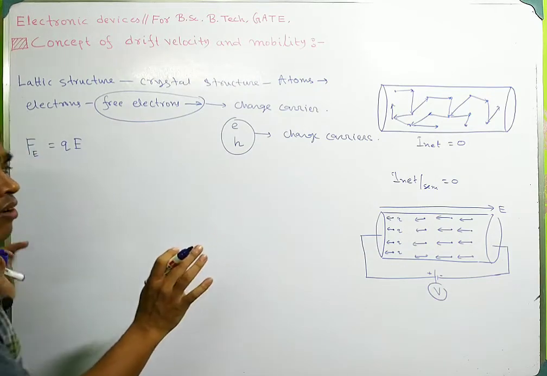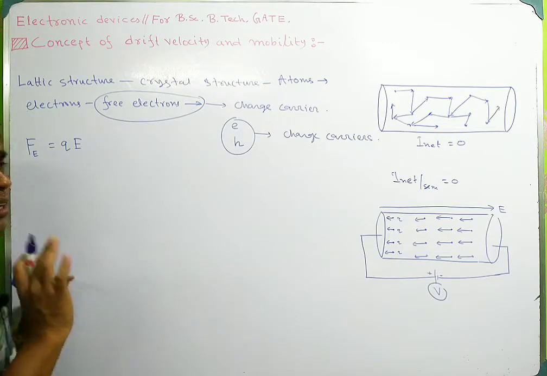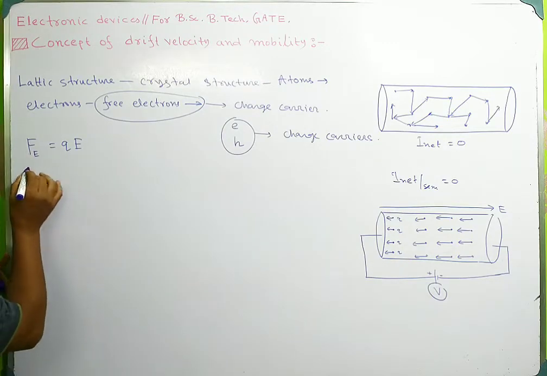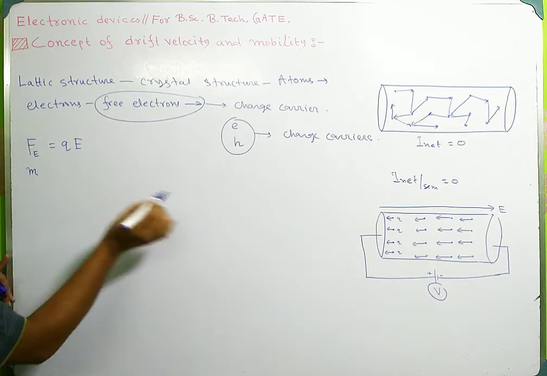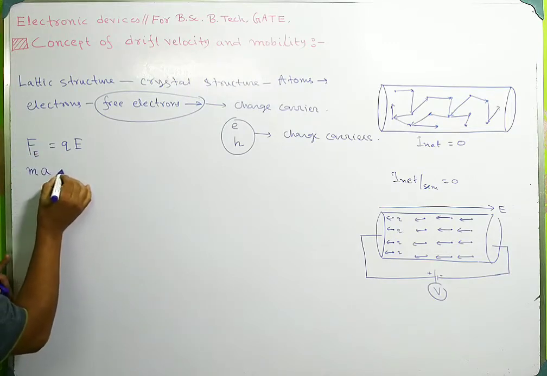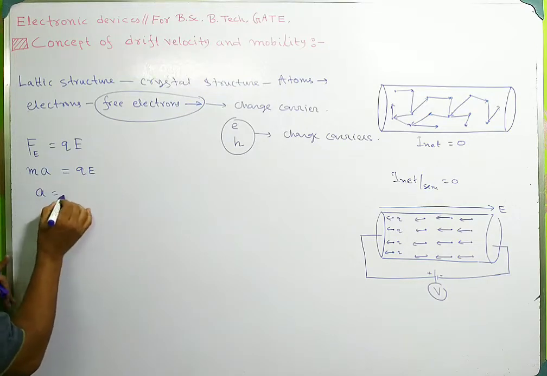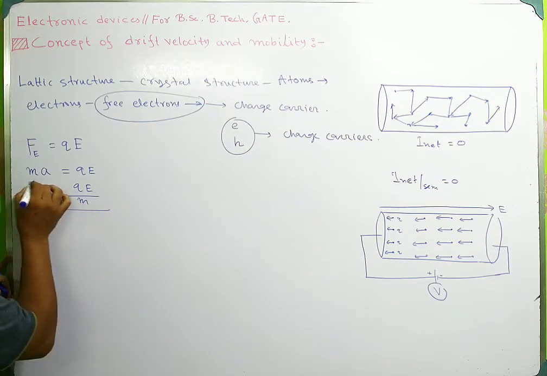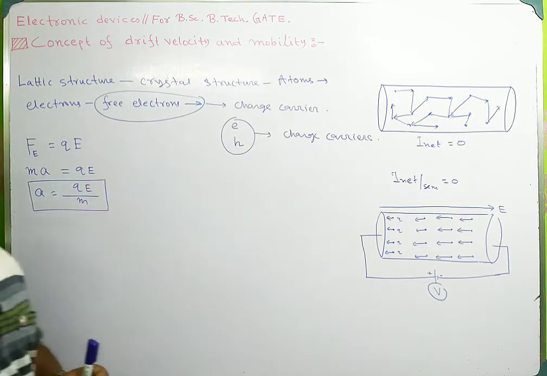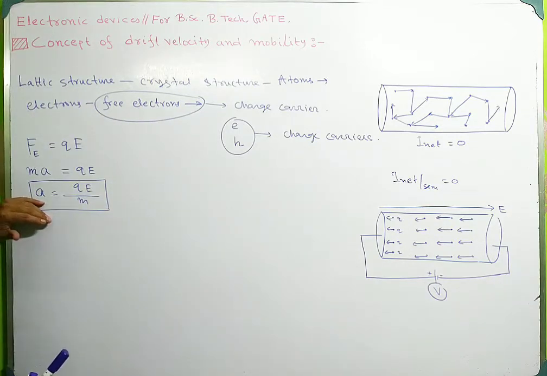The velocity of this charge carrier will increase because of acceleration. This is the mass of the electron, and suppose the acceleration of the electron is a, so ma equals q into E. So acceleration is q into E divided by m. So every charge carrier gets accelerated due to the electric field.